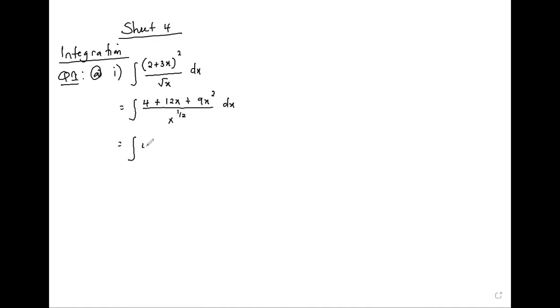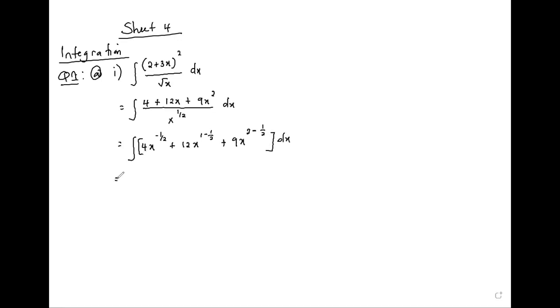So we have 4x to the power minus half, plus 12x to the power 1 minus half. Remember, when the bases are the same, you subtract the powers. Plus 9x squared, so 2 minus half, and then this whole thing dx.